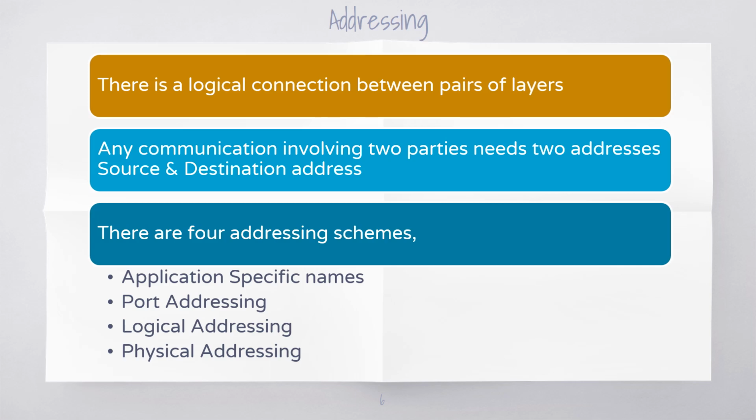Here the logical address is not a permanent address, it is a temporary address, confined only to the network in which it is operating, and it changes every time I change a network or a connection. But physical addressing is a permanent address given for a device.